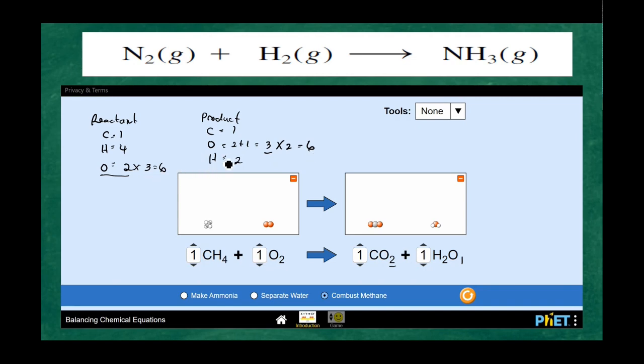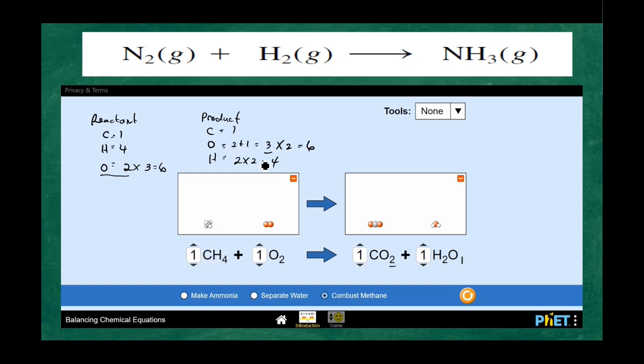Now let's go to the hydrogen. So 4 and 2. And to achieve this number, you can multiply it by 2. So 2 times 2, we have 4. So now our reactant and product of each element are already equal. So the number of atoms are now equal. Now let's apply this one. So here, class, our carbon is 1.